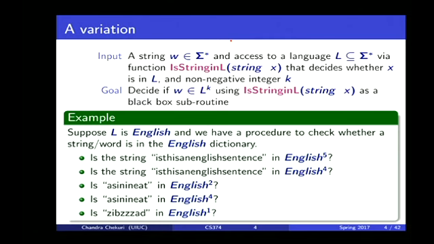Okay. So, what about this one? Is it in English square? English square means that this should be written as a concatenation of 2 strings, each of which is in English, right?